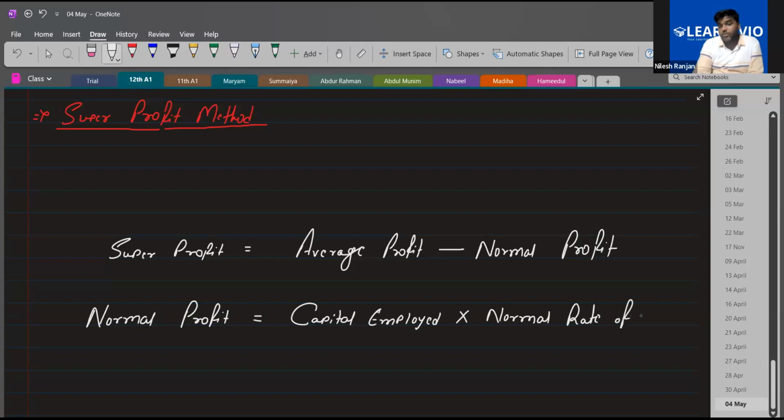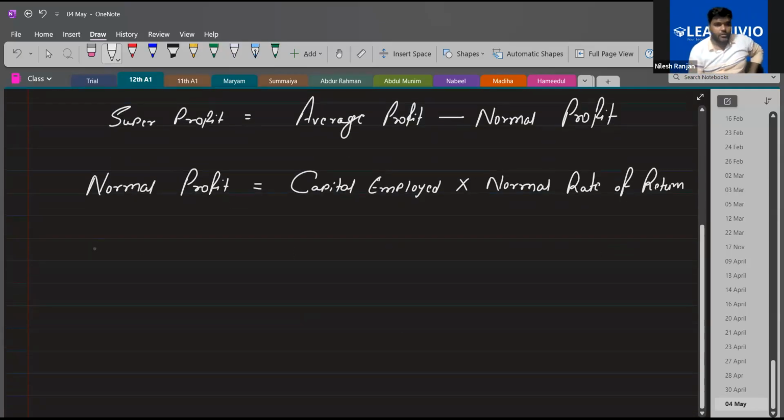What is the normal rate of return? It means the rate at which other similar businesses are earning. If we invest 1 lakh in our business and all other businesses are earning 20%, then we should earn 20,000. Anything extra than this amount, 20,000, is our super profit. The normal rate of return will be given in the question.